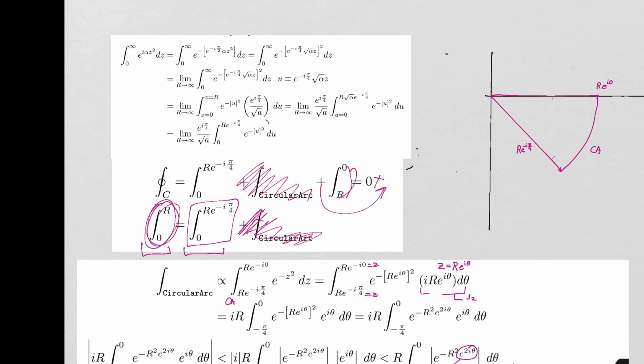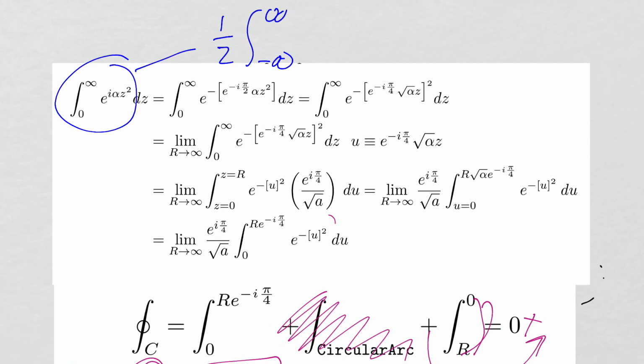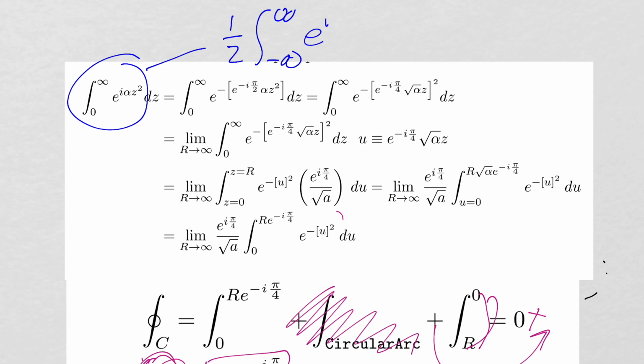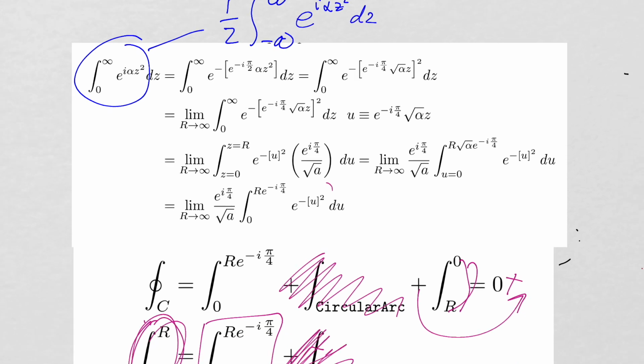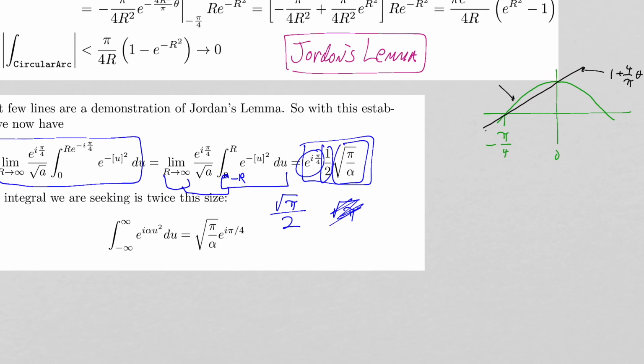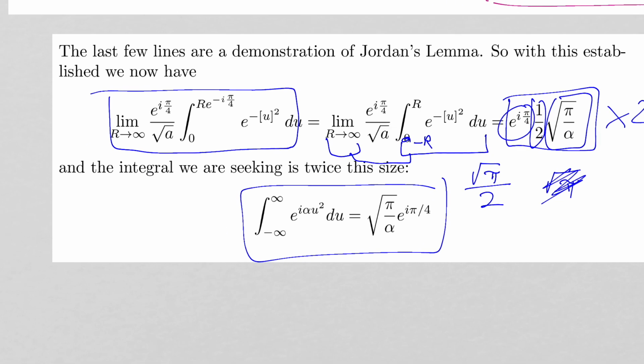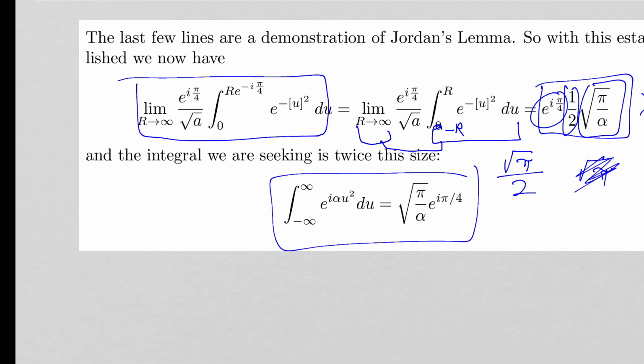And ultimately, if we go way back to the beginning, we remember that this guy was 1/2 of the integral we were really seeking, which was the integral from minus infinity to infinity of e to the i alpha z squared dz. So we now need to multiply this creature down here by 2, and we get our final answer. I guess I didn't have to drag it all the way up there. I wrote it down right here.